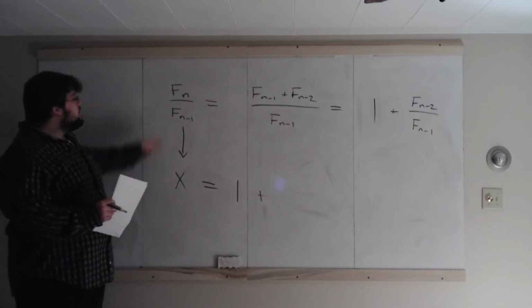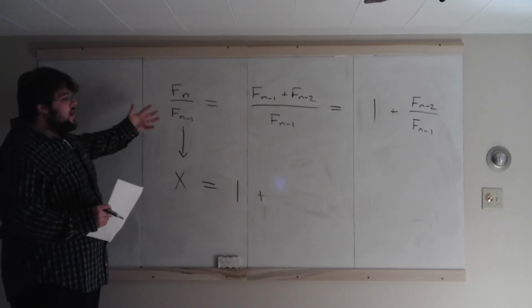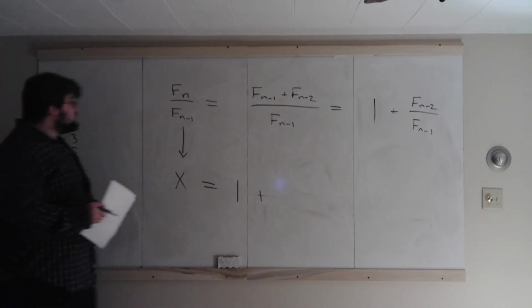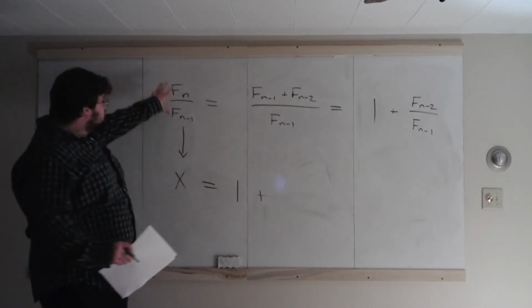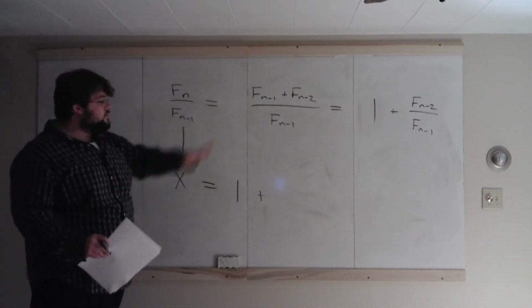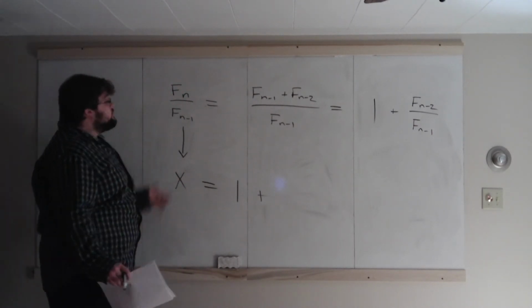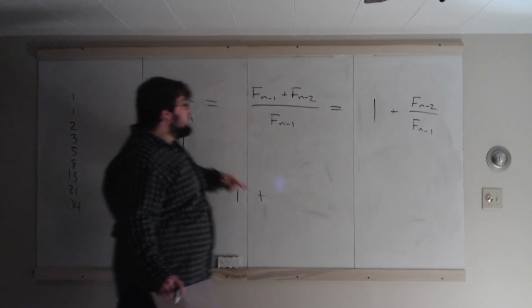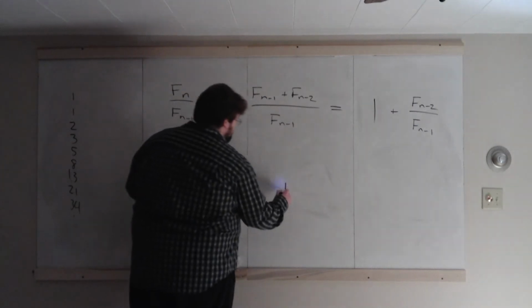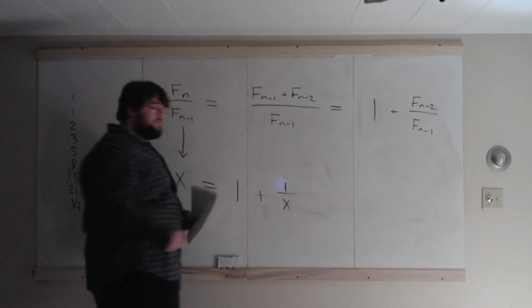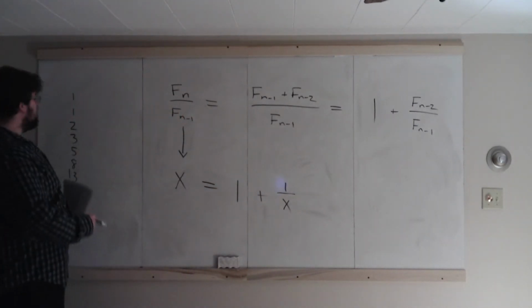In other words, it's this thing flipped around. It's moved back a position because it's n minus 2 and n minus 1. But as this ratio goes off toward the end of the sequence, it's really this ratio flipped around. It's really x flipped around. Flip around x, you get 1 over x.